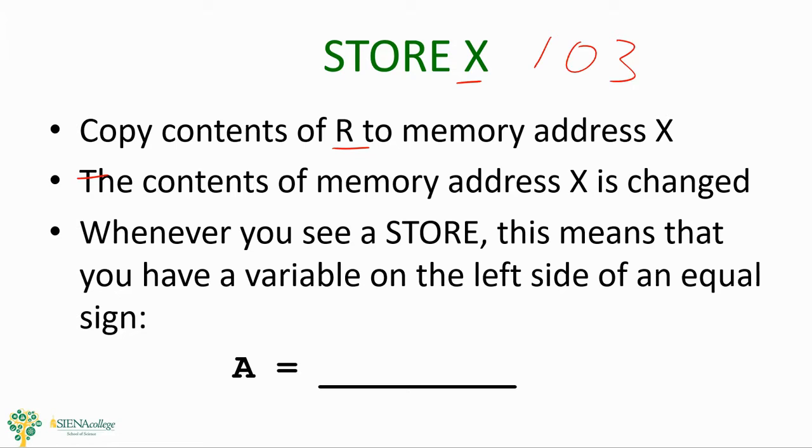So in this case, 103's content is changed. Whenever you see a store, that means you have a variable on the left side of an equal sign. So whatever math we've done previously, B plus C, it'll take what is currently in the register R and store it into A.